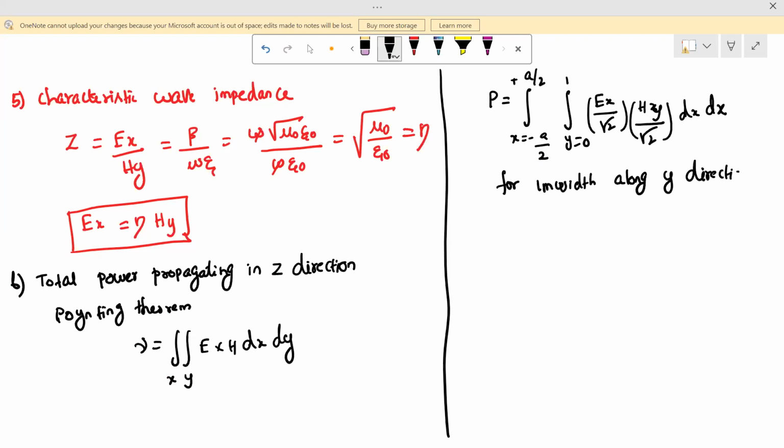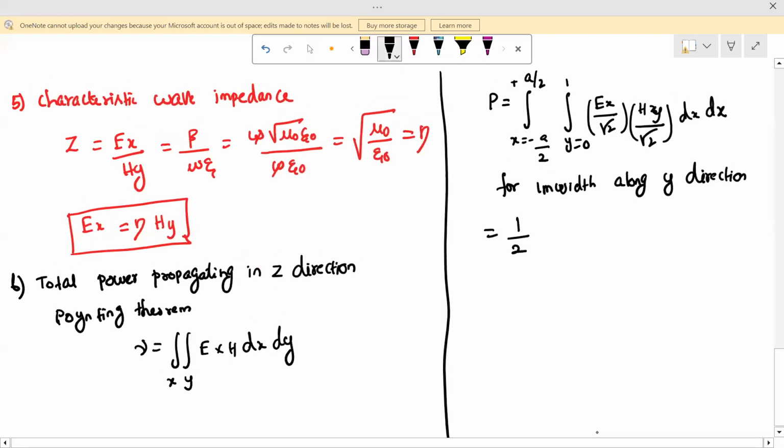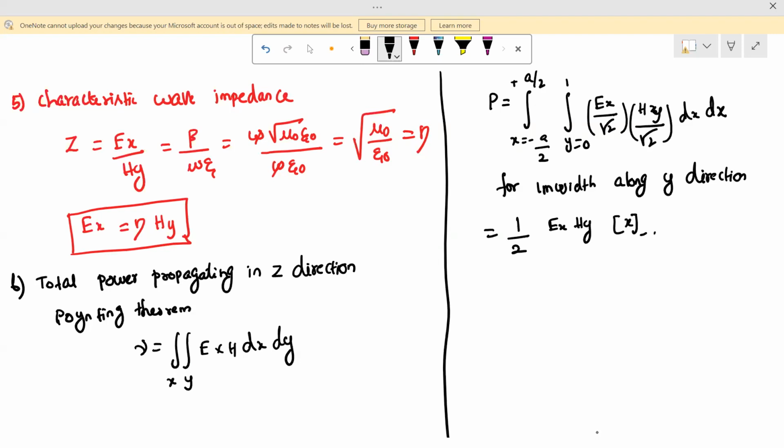Now if we solve this integral, 1 by root 2 into 1 by root 2 becomes 1 by 2, which can be taken outside the integral. Ex Hy is also constant, so you can take it outside. Integral dx is x with the limit minus a by 2 to a by 2.